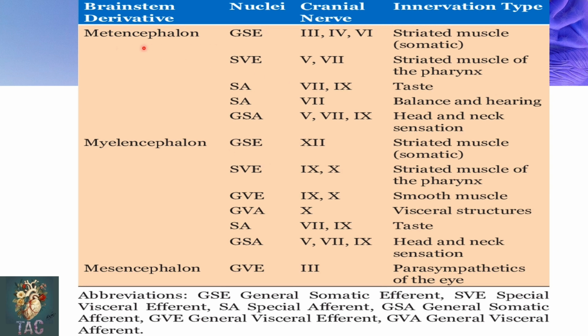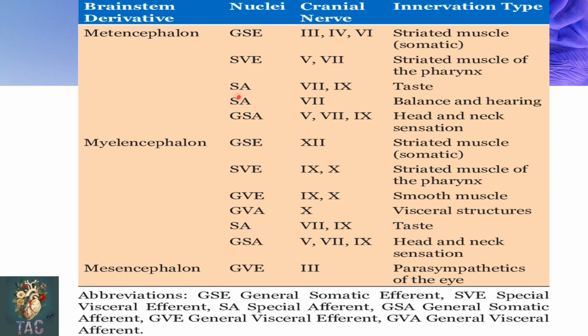In the area of the mesencephalon, the general somatic efferent fibers are shown by the oculomotor nerve, the trochlear nerve, and the abducent nerve. These are supplying the striated muscle fibers to the extraocular muscles of the eye. Then the special visceral efferent fibers, which supply motor fibers to the striated muscles of the pharynx. This is cranial nerve 5 and 7.